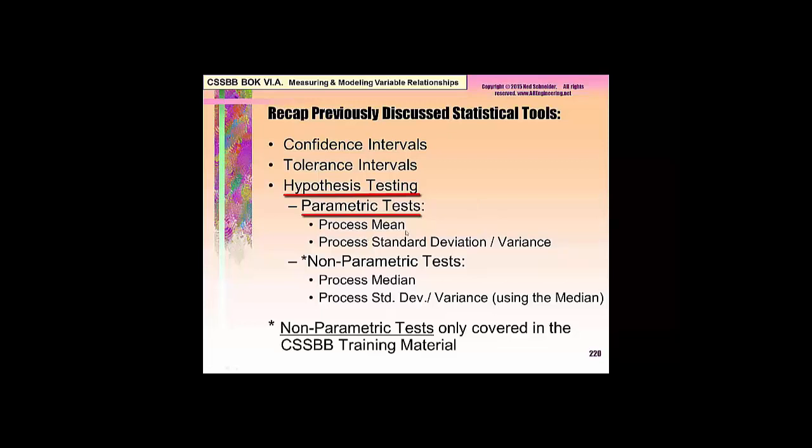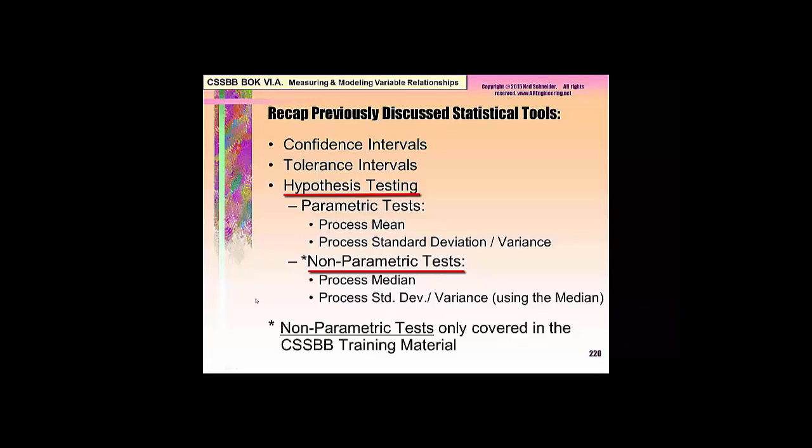Regarding the process mean, we also discussed a hypothesis test for when we have 3 or more means to compare, and in that case we used ANOVA, analysis of variance, and again we used the f-test for that comparison.